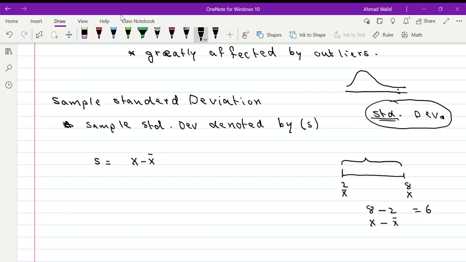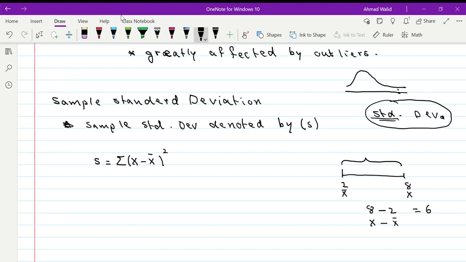Of course, this formula has a calculus reason behind it, but I cannot explain the calculus of it here. I'm trying to explain why you have a square in your formula: x minus x bar, then square it. The only reason to square it is somehow to change the negatives to positive. And also, it's the sum of them, right?